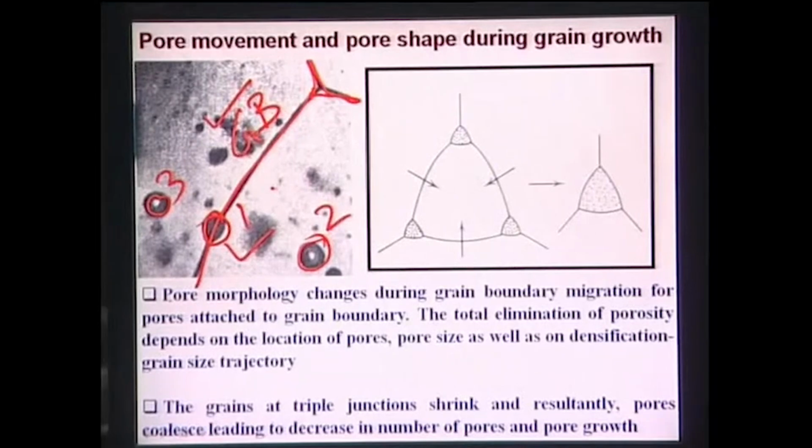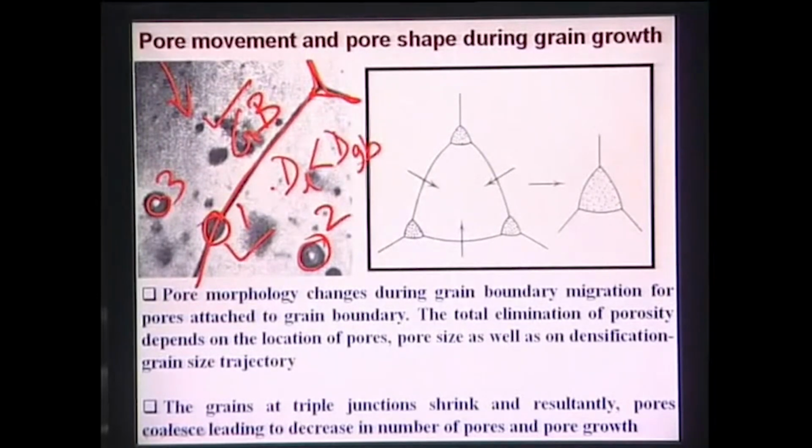Now from the simple consideration of lattice diffusion and grain boundary diffusion, from this particular situation you can immediately understand which pores will be eliminated in the process and which pores will remain. You always know that the lattice diffusion coefficient is less than the grain boundary diffusion coefficient, right?